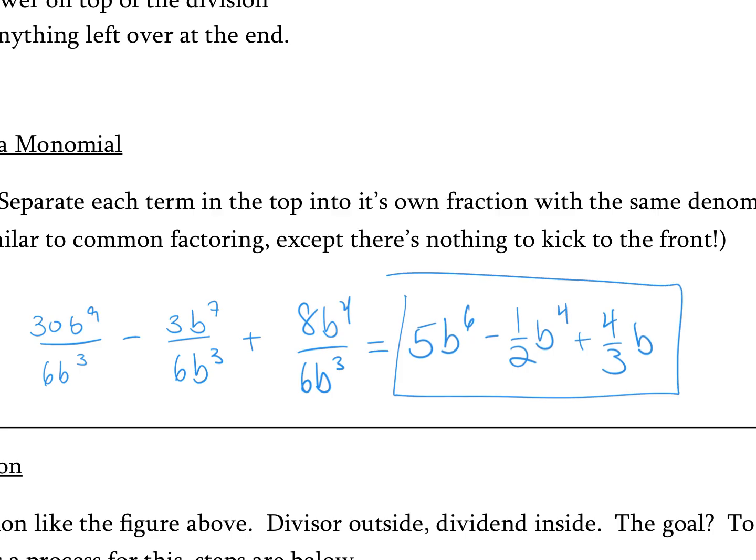So simplifying each fraction would look something like this. This is what you would get if you simplify each fraction over here on the left. Now, a couple things to point out. 3 over 6 does reduce to 1/2, and b to the 7th over b cubed does reduce to b to the 4th. And you can either leave that behind the fraction, as you have been trained to do with putting letters behind numbers, or you can leave this b to the 4th in the top of the fraction as if it were b to the 4th over 2.